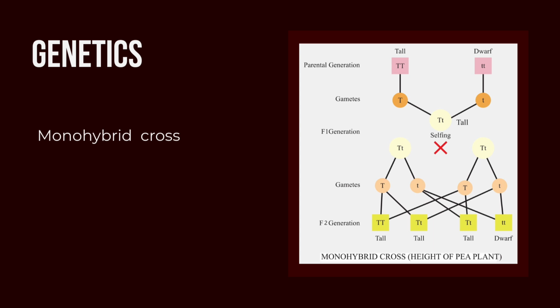So what we have to do is, just like here we have two parents, that is capital T, small t, we get the gametes, we cross them, we get the F1 generation, right? Now if you are talking about the F1, here itself we'll get the gametes, and when you cross them you can use the Punnett square. You know how it is done, right?